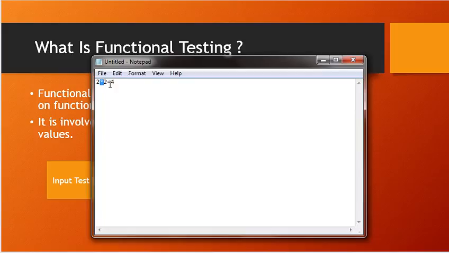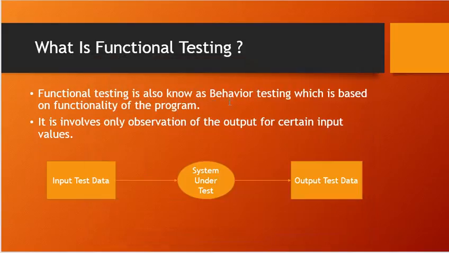Then it has to give me the output. So this statement implies that based on the functionality of a program, that is the input we are passing to the system, the system understands that input and gives us the output. So when I say functional testing, we are only observing the output for certain input values.